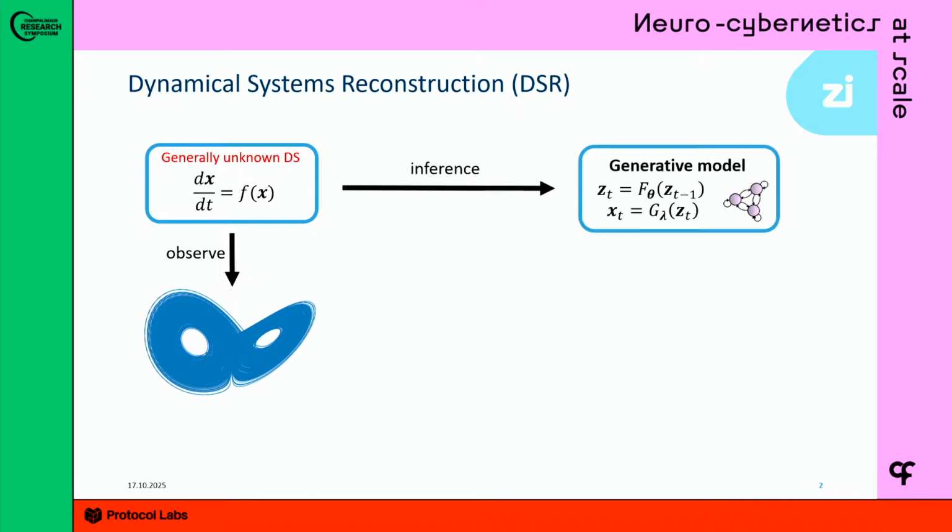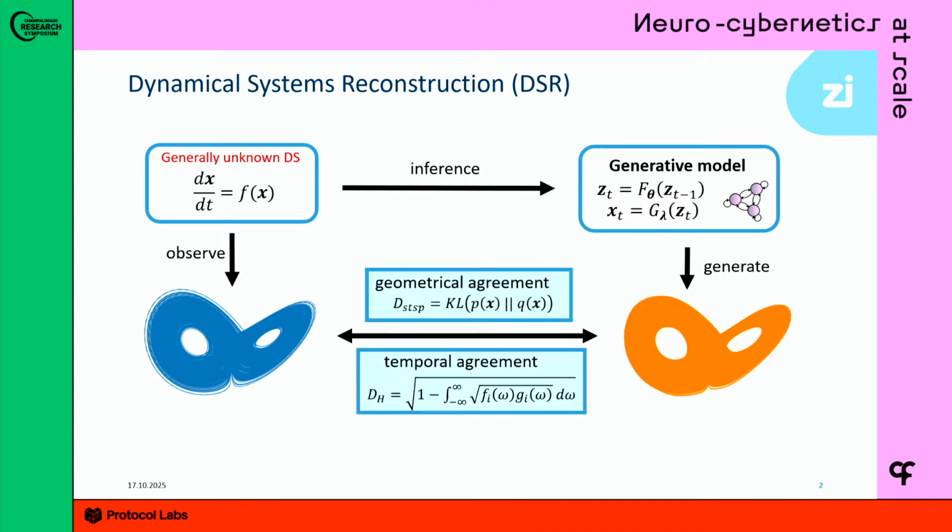What we want to do is to build a generative model that can infer the properties of these dynamical systems from this observational data, such that I can generate the dynamical system, including its invariant long-term properties like the geometrical agreement of the attractor, as well as the temporal agreement between the power spectra of the ground truth system and the generated system.